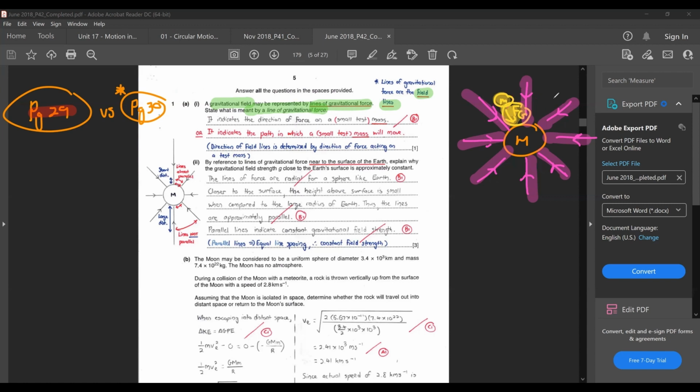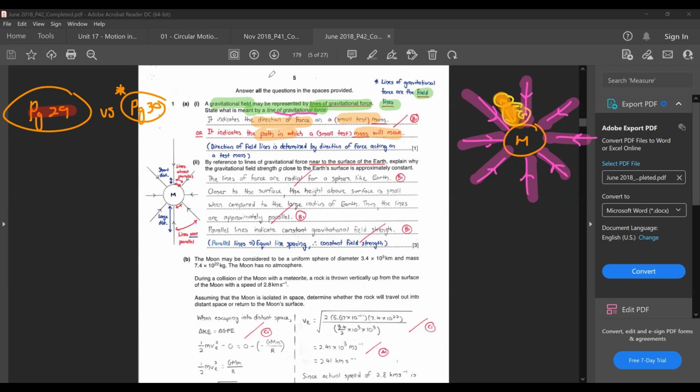So when we ask you what is meant by the field line here, what does your field line actually tell you? You can say a number of things. Number one, it indicates the direction of force on a small test mass, or it will also be correct to say that it indicates the path in which a small test mass will move, because the force is directed inwards, so obviously the object will move inwards.